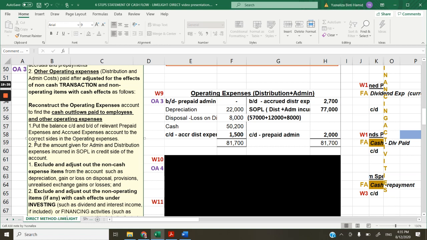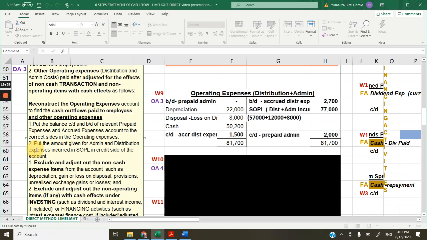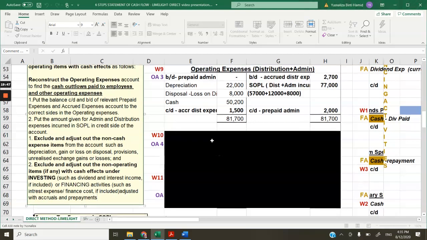Put to the correct side. I have done step 2 as well, which is to put the amount given for admin and distribution expenses. If you have a separate salaries account, maybe you can work out that salaries account and put that as well as your working. But here there is none. Everything was put into one account, operating expenses. Maybe the salaries were included already under your admin expenses.